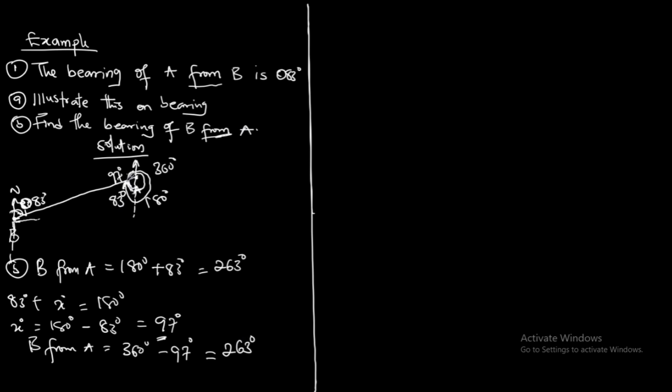Whichever way you decide to go about it, either by adding 180 or by subtracting from 360, you will get the bearing of B from A. So B from A is a reversed bearing, while A from B is a forward bearing.